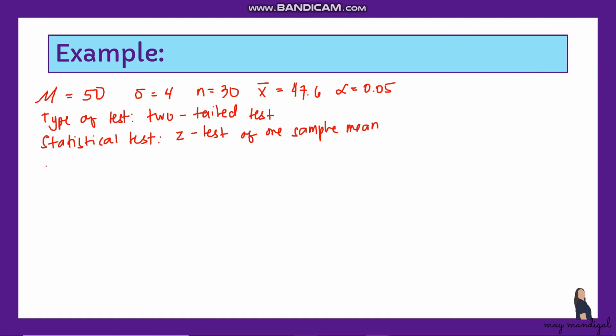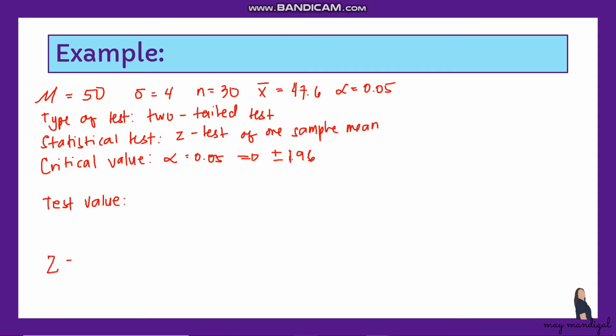Once you know that, let's now write a critical value. For the critical value, we know that alpha is 0.05. Since alpha is 0.05 and it is a two-tailed test, that means we have to use positive, negative 1.96 as our critical value. Once you identify those things, we now have to solve for the test value. You just have to apply the formula.